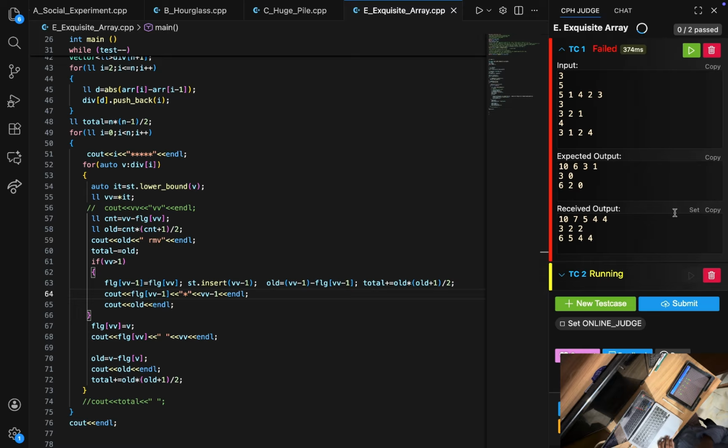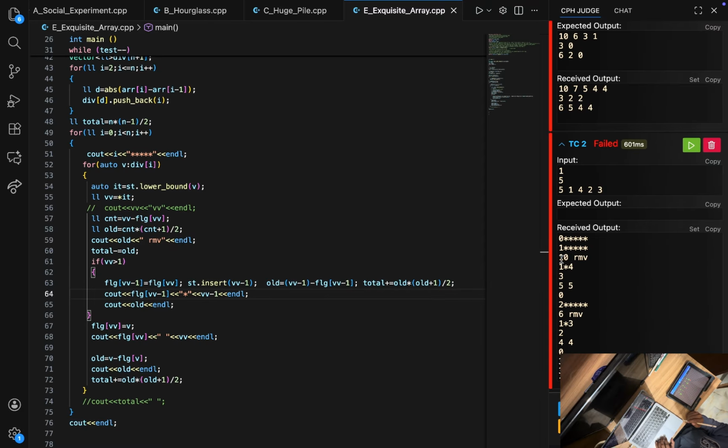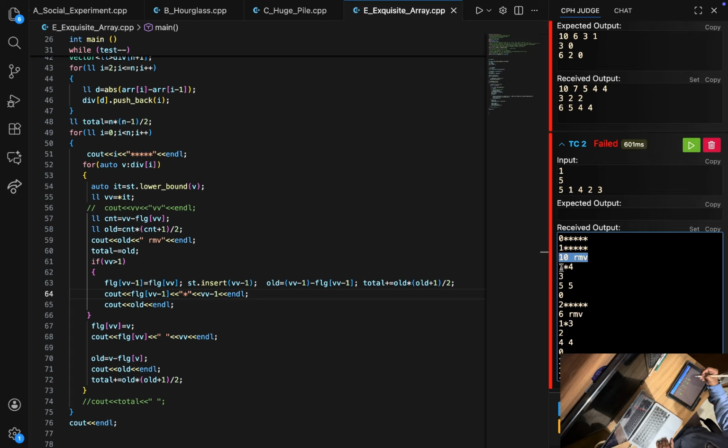Let's see. Yeah, 10. Let's remove the whole stuff because it got 5. Then doing 1 4, it got 3. How 3? 1 2 3. Why did it get 3 for 1 4? Oh, I'm printing old. Old equals actually the total value.